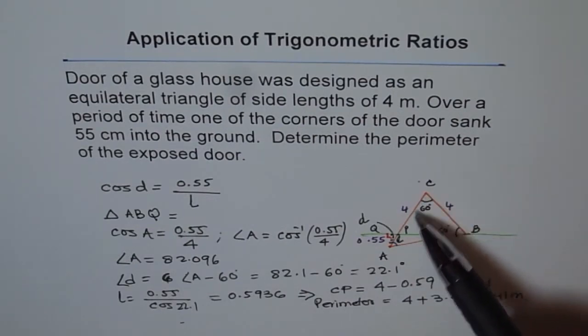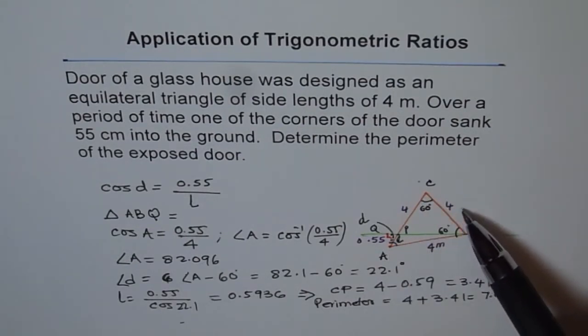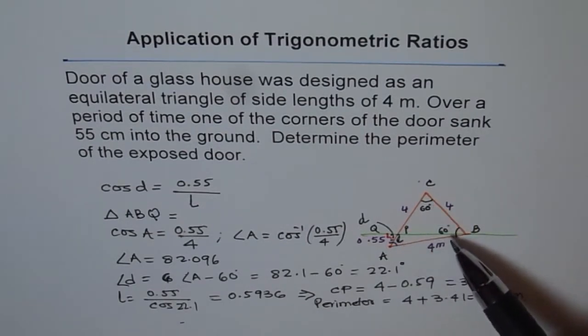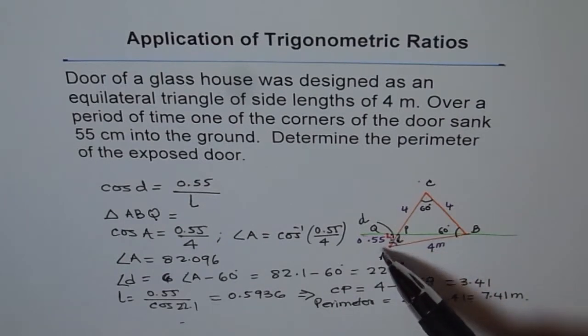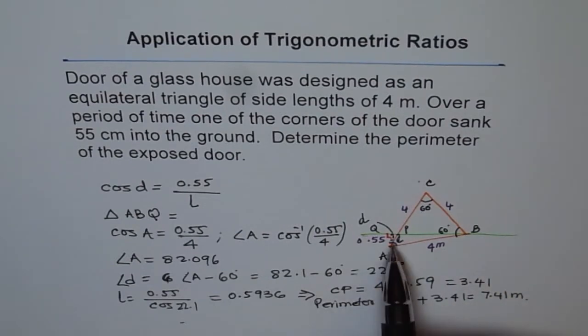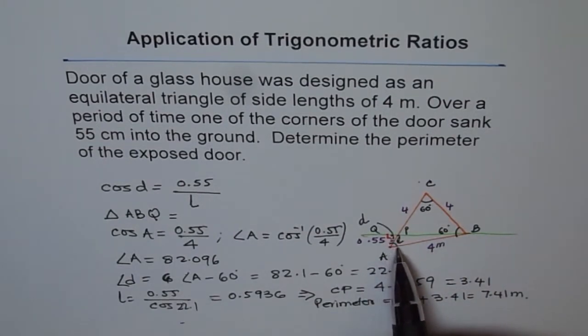Initially, we took an equilateral triangle with 4 meter side lengths, and the angles inside are 60 degrees. Since one of the corners sank 0.55, we analyzed that corner, and it formed a right angle triangle QAB, which helped us find the total angle A. From that, we found the small angle D in the little triangle, which helped us find the length of the door under the ground.